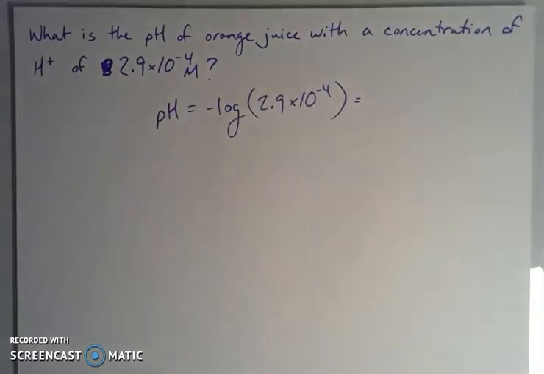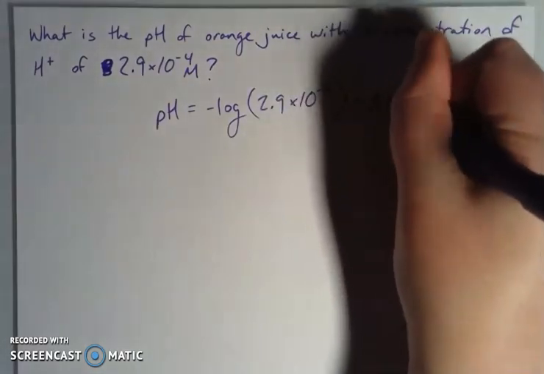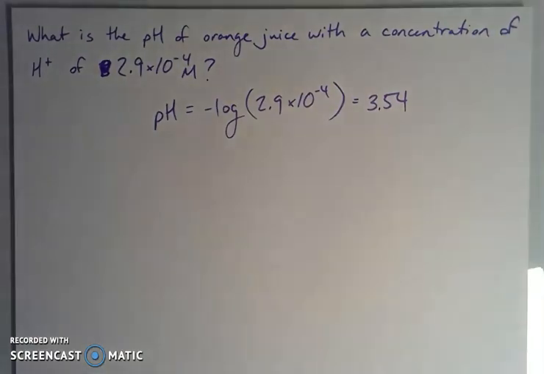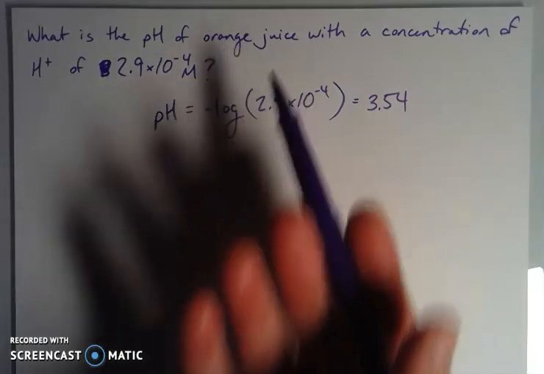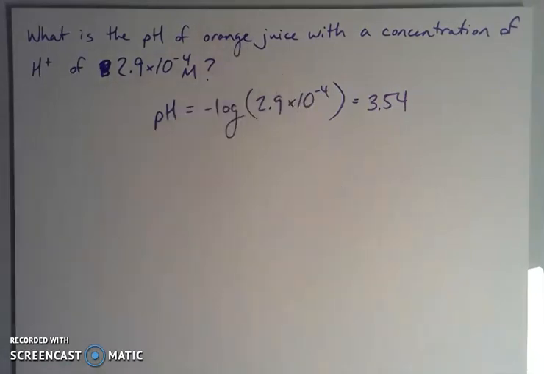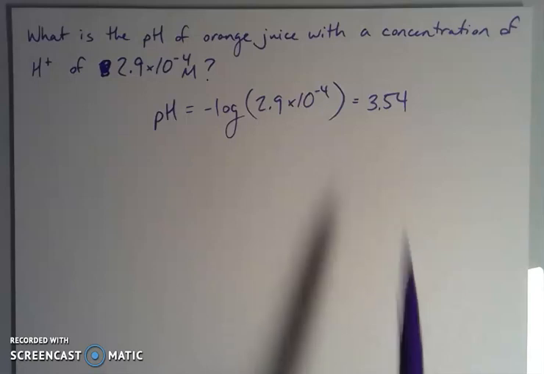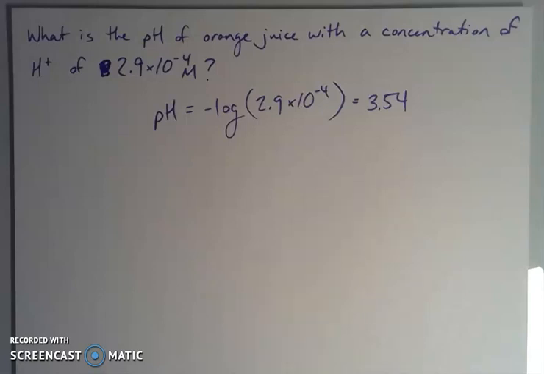And that's going to give me a value of 3.54 here. Okay, so 3.54 from my pH scale, we know that this is acidic, right? And that makes sense because citrus in general is on the acidic side. It has citric acid in it as one of the primary acids that causes that. And so 3.54, fairly acidic.